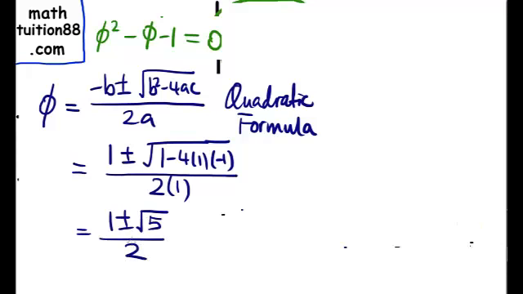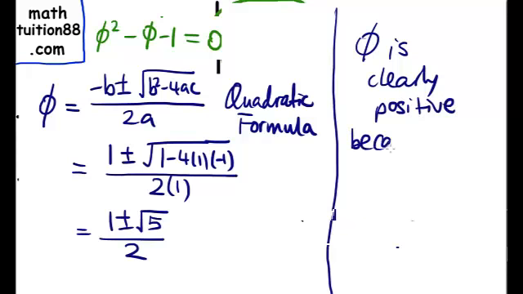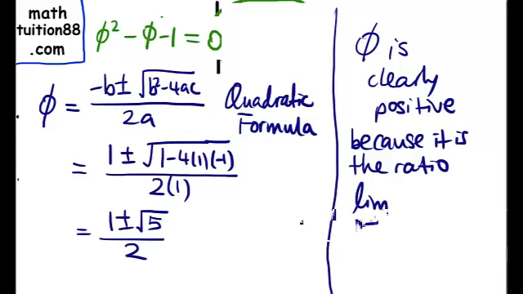So now there are two values, but we can see that phi is clearly positive because it is the limit of the ratio of each Fibonacci term and the previous one, and all the Fibonacci numbers are positive.